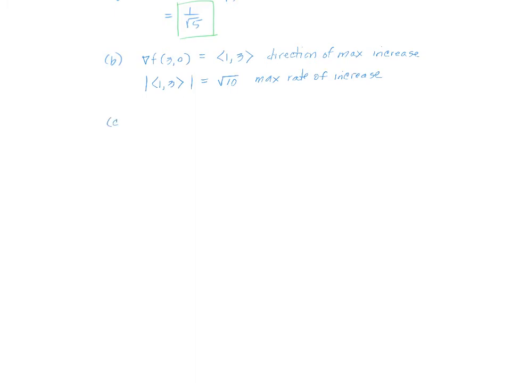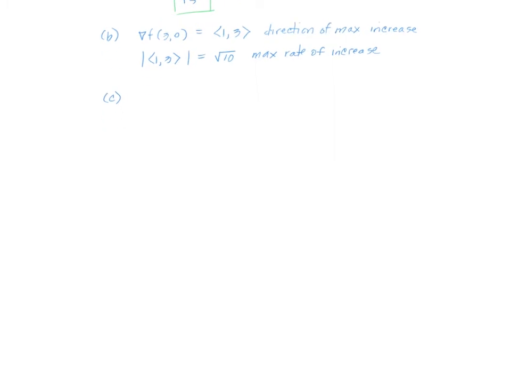C is asking for the minimum. So I just take the negative of my gradient vector, which would be the vector (-1, -3). That would be the direction of max decrease.